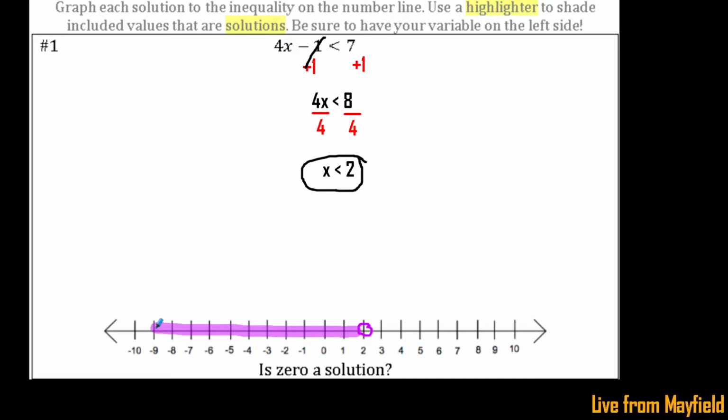Again, the reason why I have my variable on the left is it helps me graph our solution. So we're saying everything less than positive 2. And then the last question, is 0 a solution? Well, when we look, is 0 highlighted? Yes, it is. Or if you wanted to plug it in, you could say 0 is less than 2. Since this is a true statement, you know you are good.